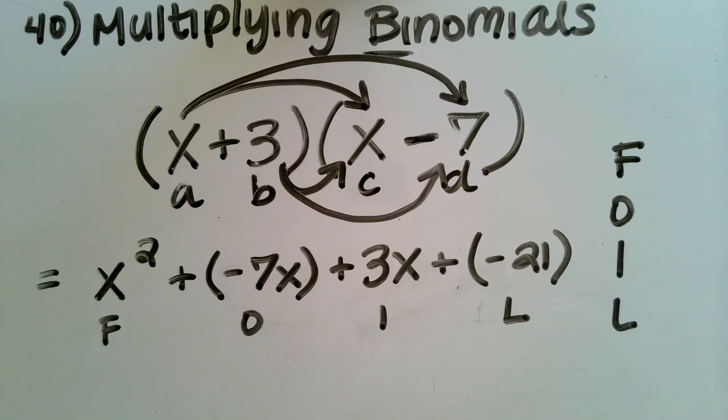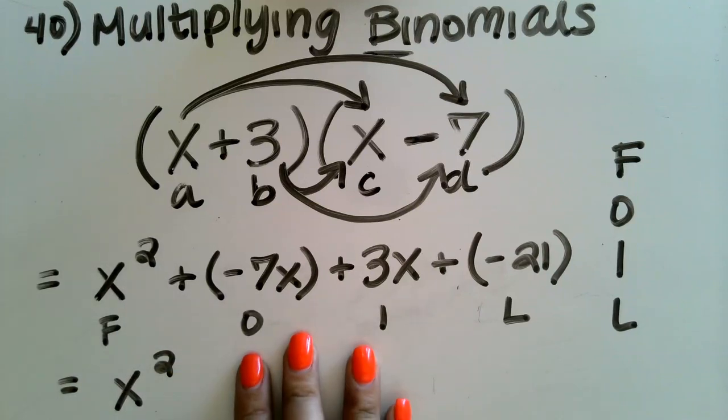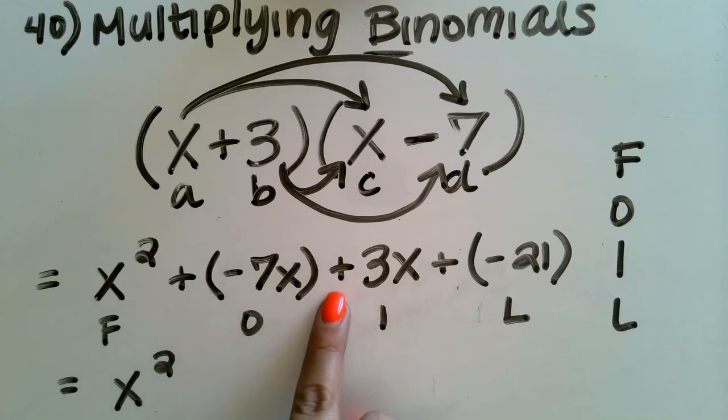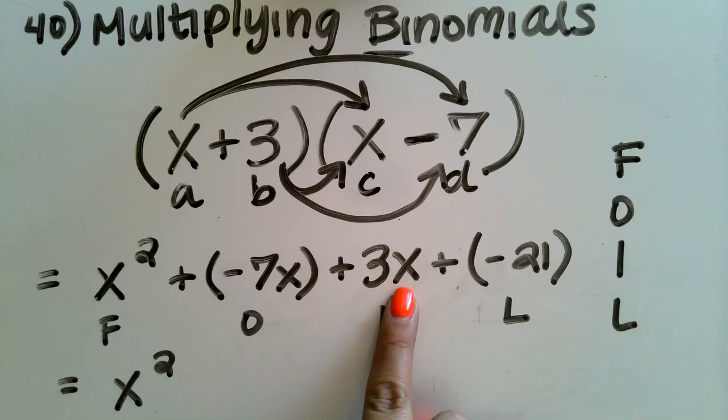Okay, let's combine like terms. We have nothing that we can combine with our x squared. There are no other terms here with a second power. So leave that x squared alone. But our O and our I, we can combine those like terms. We have a negative 7x plus a positive 3x.